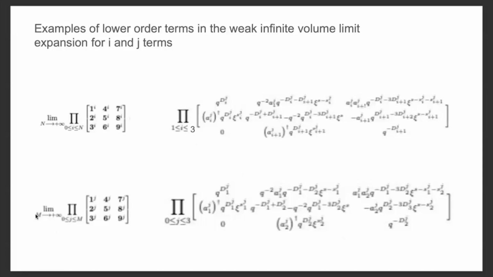But on the other hand, if we're looking to take the limit as M tends to positive infinity, we're holding the I parameter, which appears in the first entry as a matrix, as some constant number, because we've already taken some product of terms in one degree of freedom, and we're trying to study the higher order terms of the approximation by taking products in another degree of freedom that we want to tend to infinity in the infinite weak volume limit.